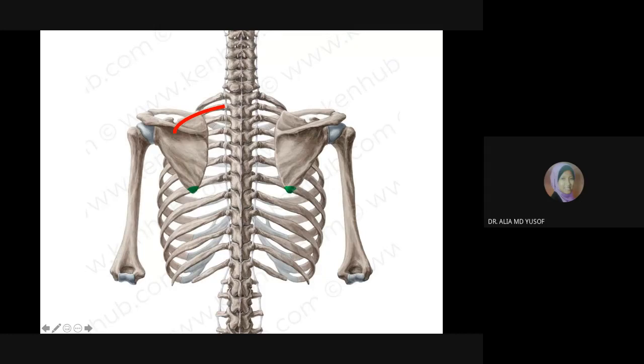Okay, alright. Now kita tengok lower border of scapula ni kat mana. Upper border of scapula starts from the T2 ataupun T2 vertebra ataupun second rib. Okay, and lower border ends at usually, okay, 2, 3, 4, 5, 6, 7.